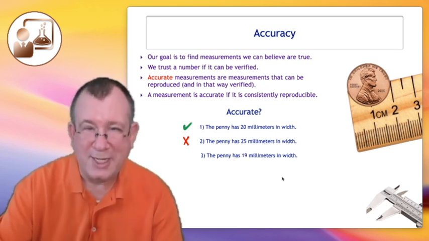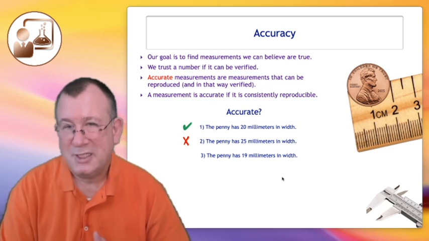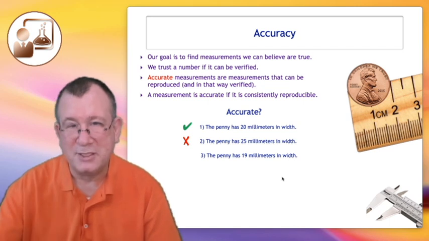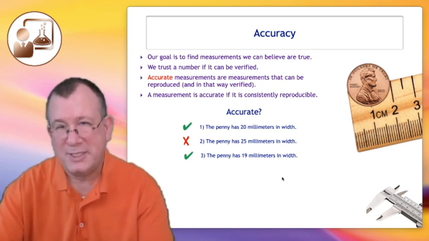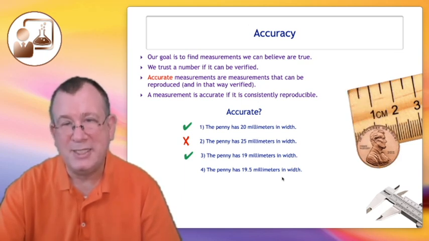If I told you that the penny has 19 millimeters in it, well, that's kind of hard to see on the ruler, but we can't really dismiss it. And it is more precise than 20. But if we compare it to, say, the other side of that ruler, then we can say, I can buy that 19.